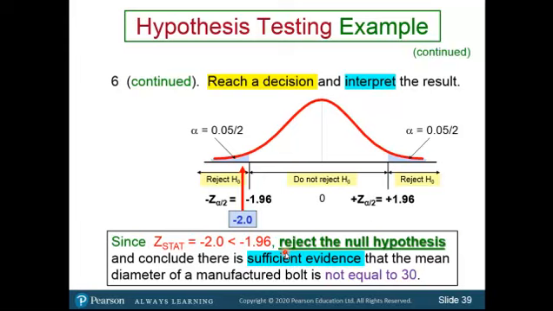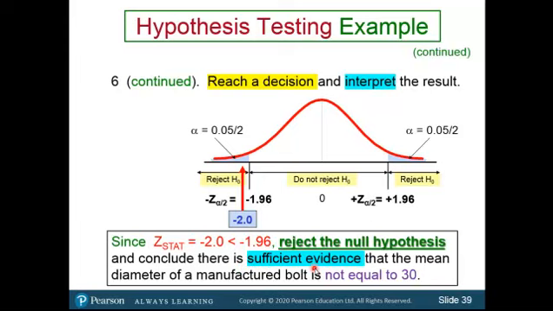So again, when we reject the null hypothesis, the conclusion will be there is enough evidence to reject. If we fail to reject, then we conclude there is not enough evidence to reject.